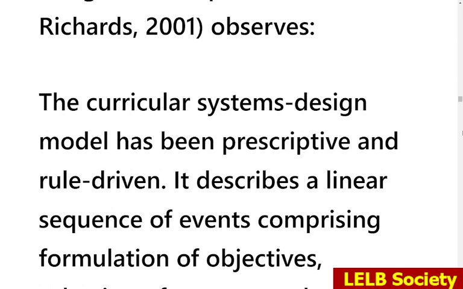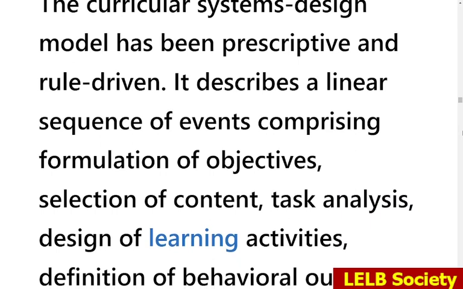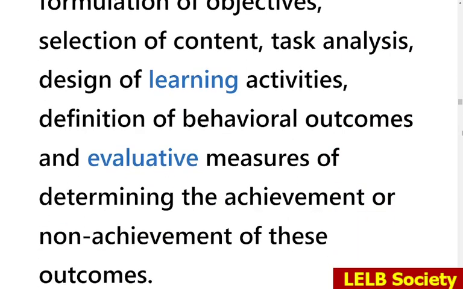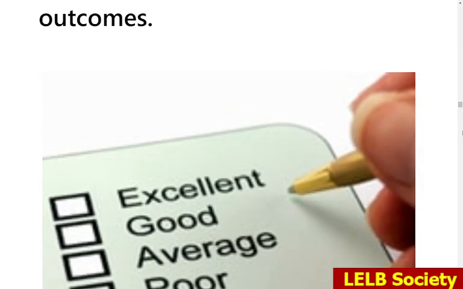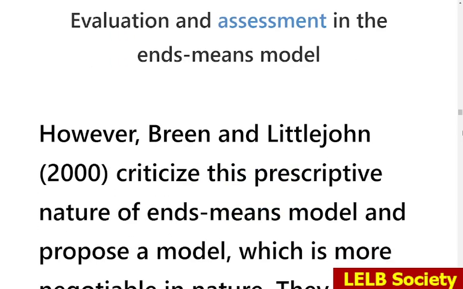It describes a linear sequence of events comprising formulation of objectives, selection of content, task analysis, design of learning activities, definition of behavioral outcomes, and evaluative measures of determining the achievement or non-achievement of these outcomes. So it has something to do with accurate evaluation of the progress of the student.